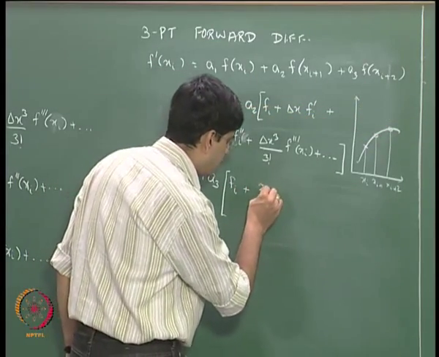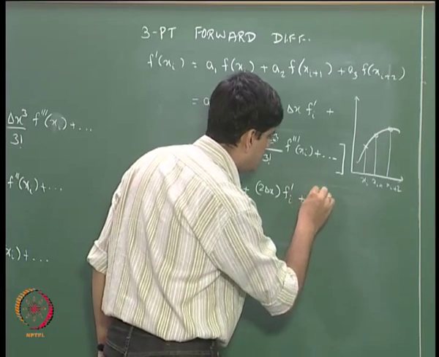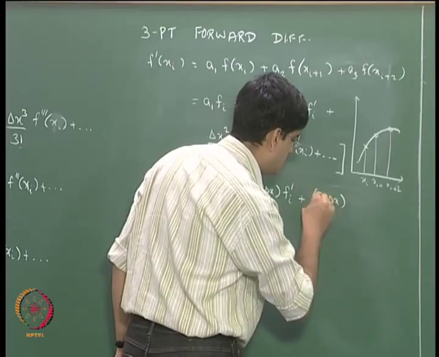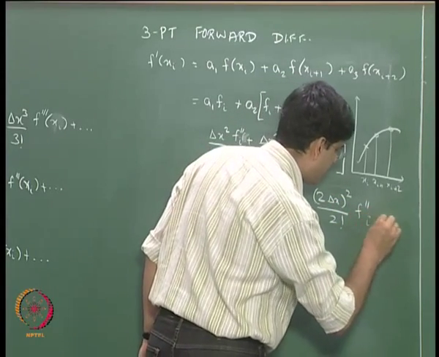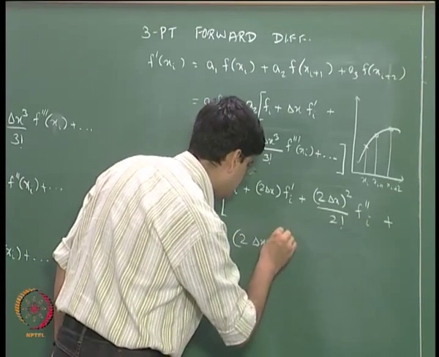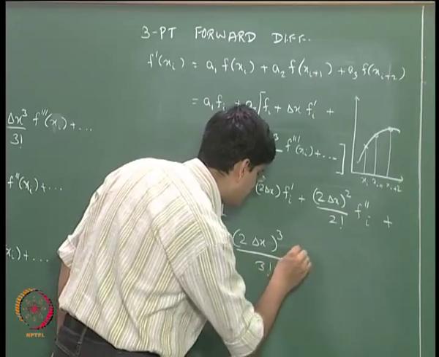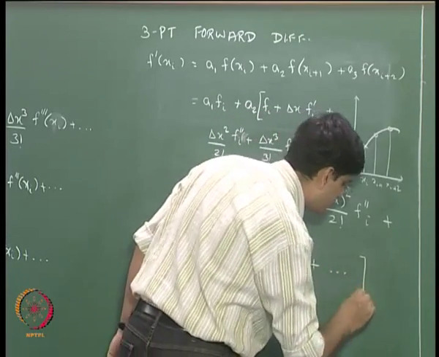So it will be 2 times delta x multiplied by f dash of I plus 2 delta x whole squared divided by 2 factorial f double dash of I plus 2 times delta x the whole cube by 3 factorial f triple dash of I plus dot dot dot.